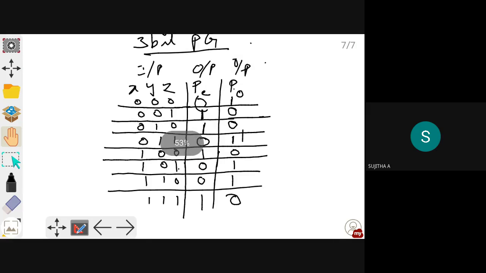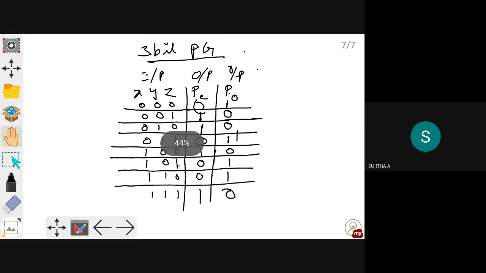I'm going to design a 3-bit parity generator. So your input will be XYZ. Since you have 3 bits, you have 8 combinations from 000 to 111. So you have to now write the output. The output is: you have to design an even parity generator as well as an odd parity generator.